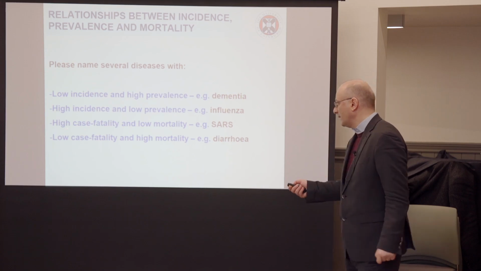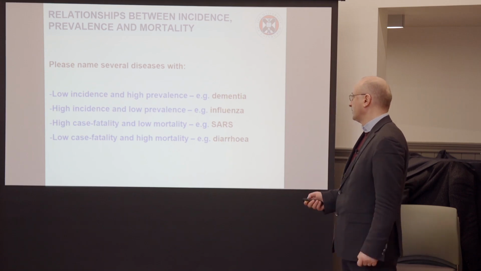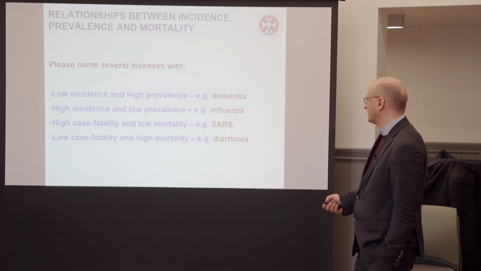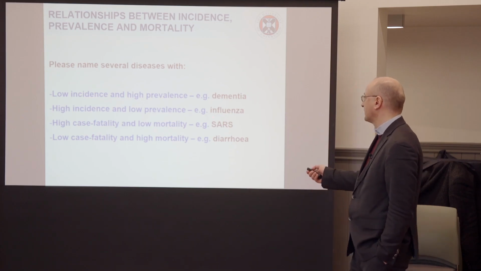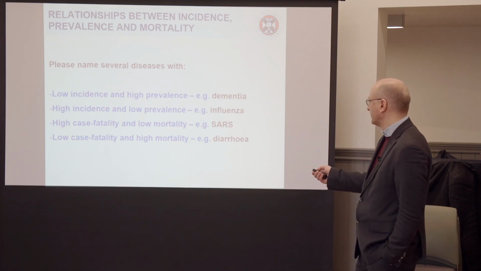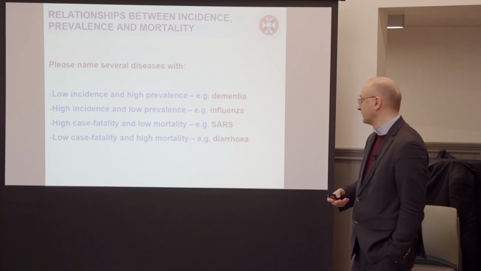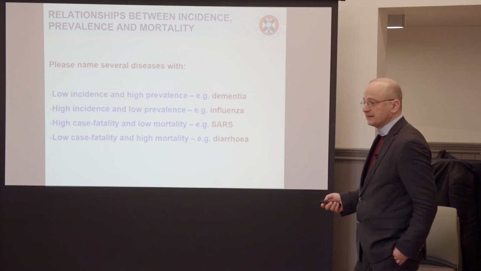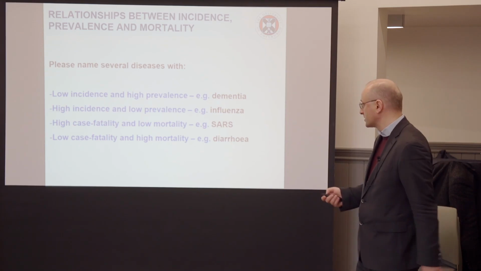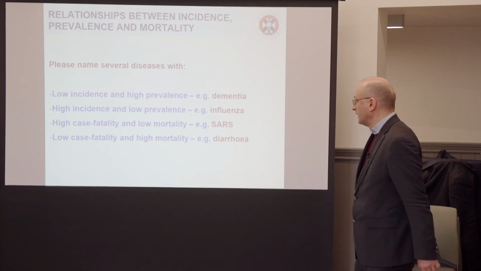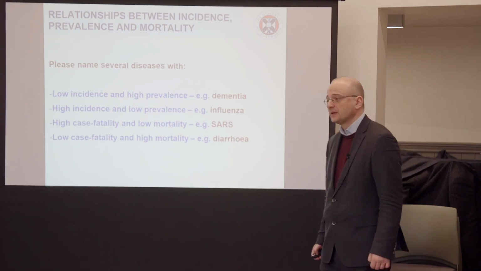Then high case fatality and low mortality. Severe acute respiratory syndrome, SARS, was one example. That's a reasonably recent epidemic that hit us, of a strange infectious agent. It had a high case fatality but low mortality.